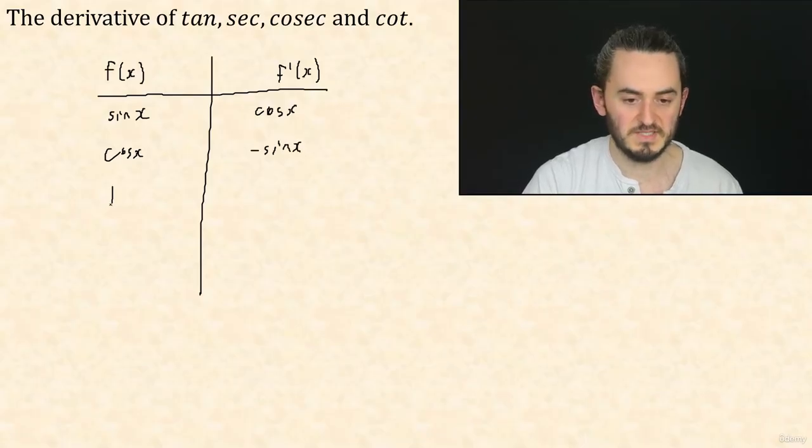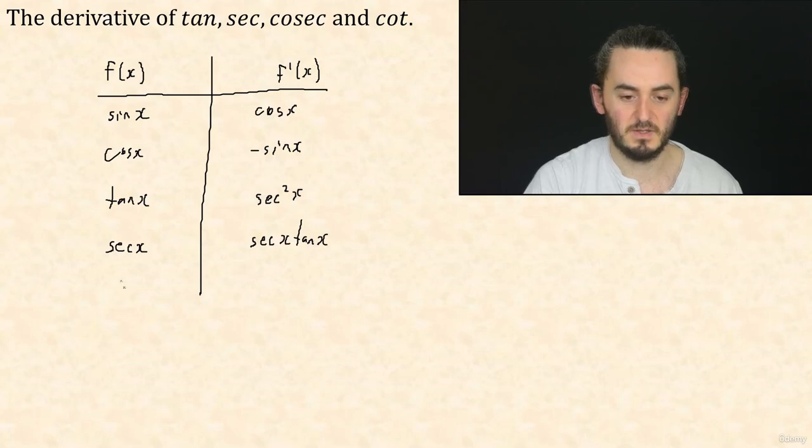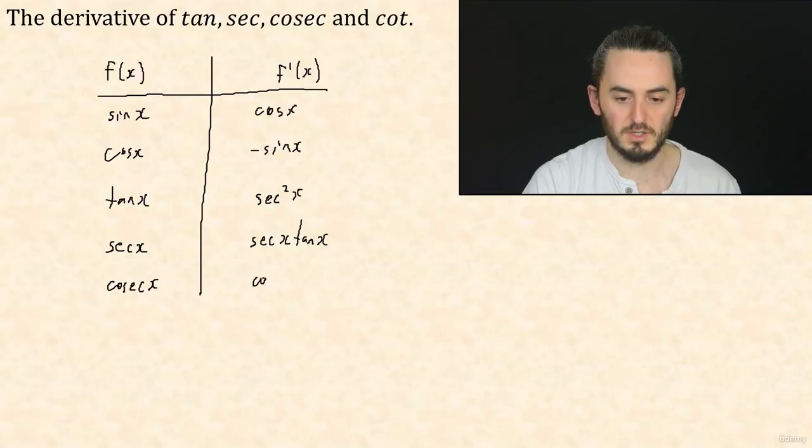Then we've got tan x, and its derivative, we've just proved, is sec squared x. And then we also saw the derivative of sec x was sec x tan x. Next there was cosec x, and its derivative was minus, make that clear, minus cosec x cot x. And then finally we had cot x, whose derivative is minus cosec squared x.